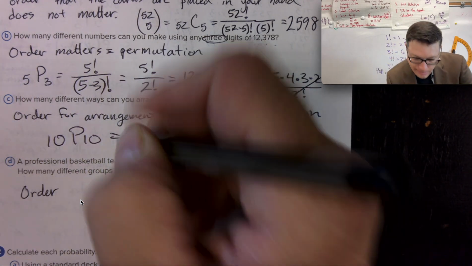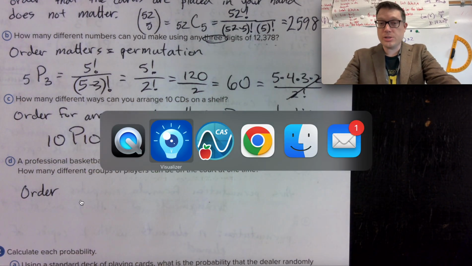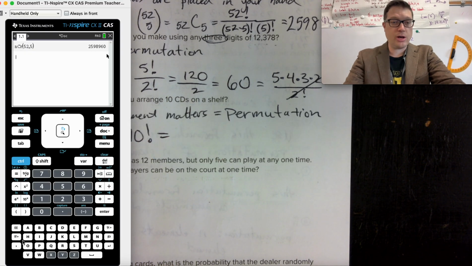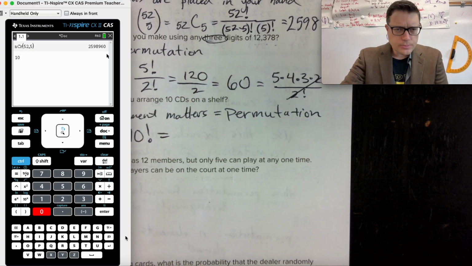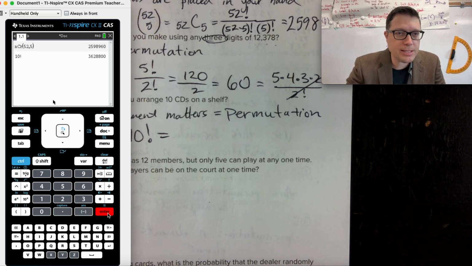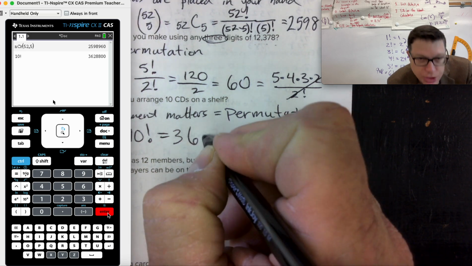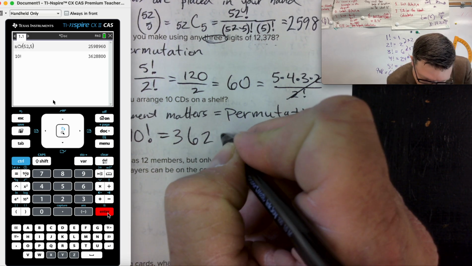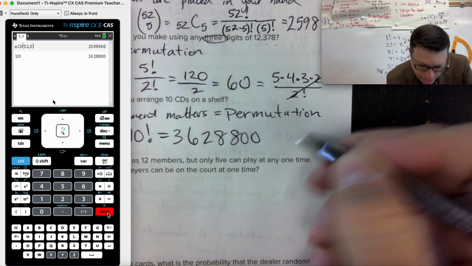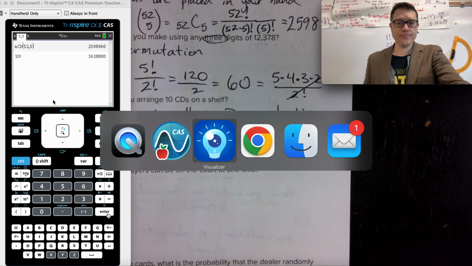This is really the same as 10 factorial. And 10 factorial from the calculator is a rather large number, so let's go get that calculation. Click on the button down here near GP to get the factorial, press enter. 3,628,800 total ways.